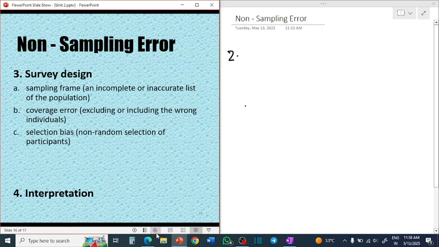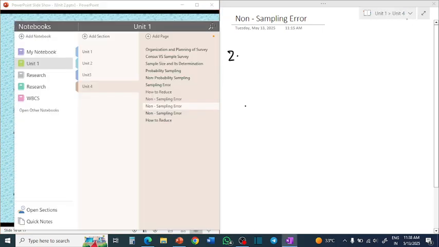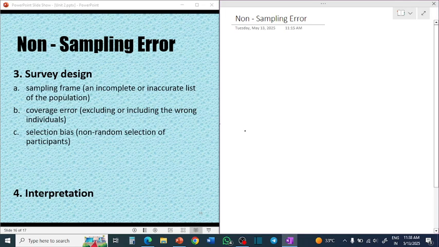Next, we will move on to the survey design. In survey design, you can see that the sampling frame is not done in a correct way. For example, like I said, there will be a population. Suppose you have to collect information about how many people are giving their votes to a particular political party.